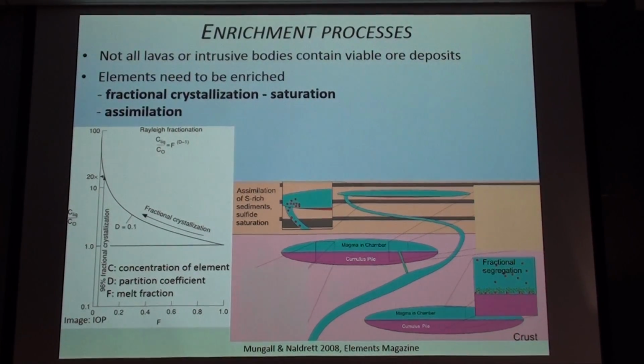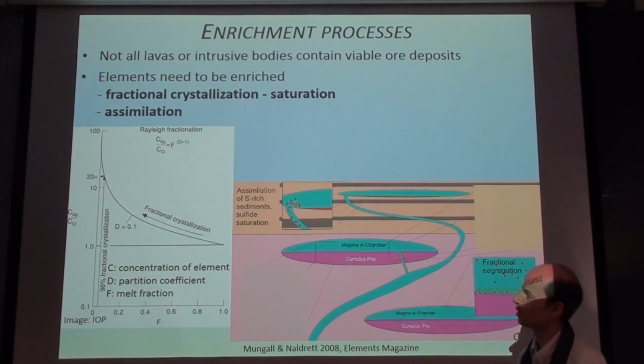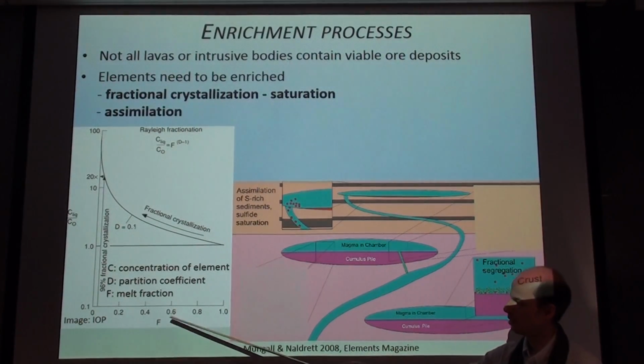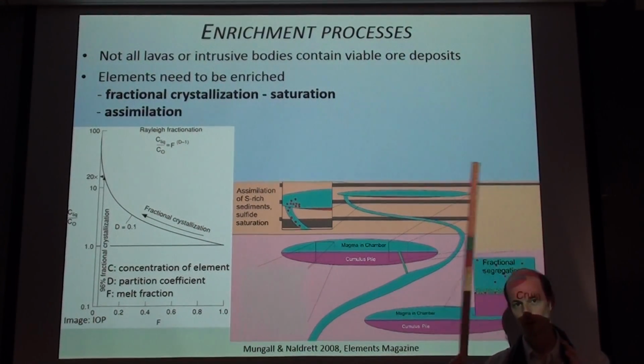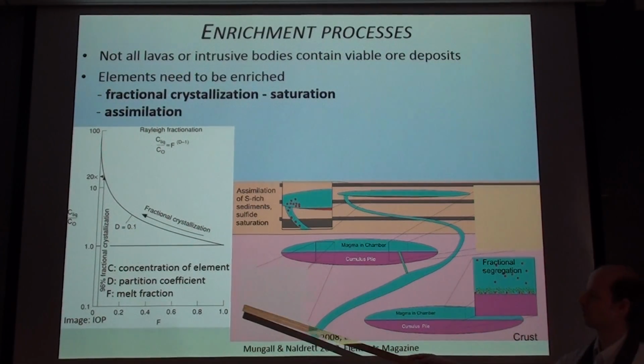I also mentioned fractional crystallization or saturation due to mixing or assimilation. And this is basically the same plot as what we saw before, but reversed. So F again is the melt fraction, but here now we have a magma. So we start with 100% melt, so we start from here.